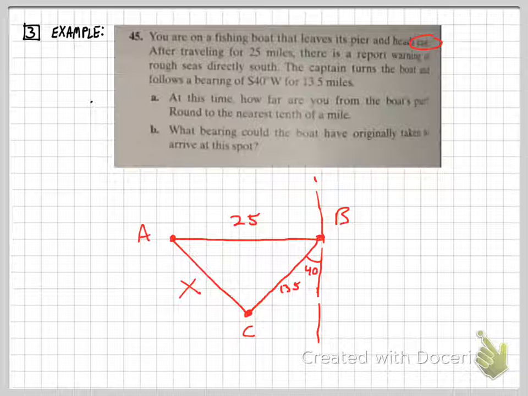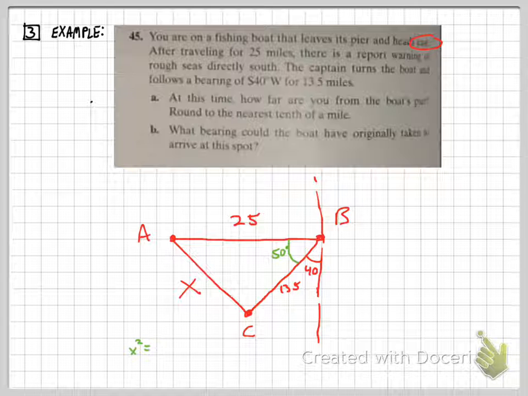In this one, I'm really just missing one piece of information, which is the angle inside the triangle. If this is a straight east line and the other one is a north-south line, and that's 40, it makes sense that this is 50. And voila, once again I have side-angle-side, and a formula for finding x.